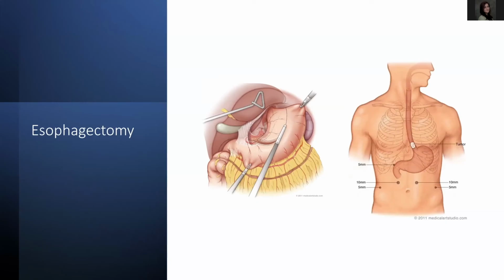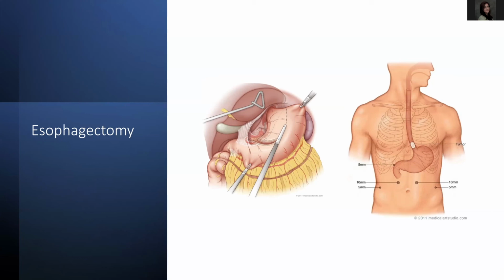Surgery for esophageal cancer comes in various forms based upon the stage of the disease, the location of the tumor, and the cell type. Most of the operations that we perform are done as a subtotal esophagectomy. So you can either remove the entire esophagus, and just a brief, quick anatomy.